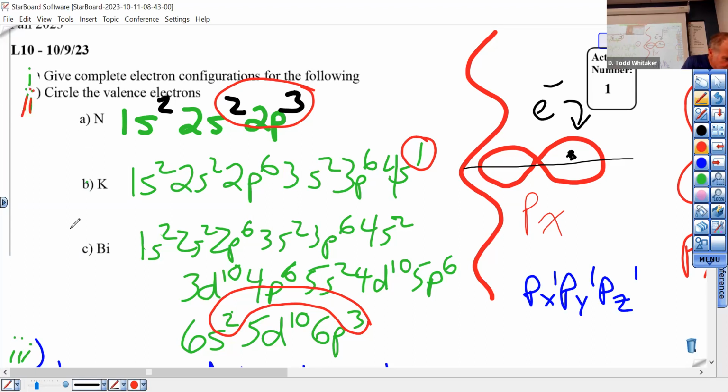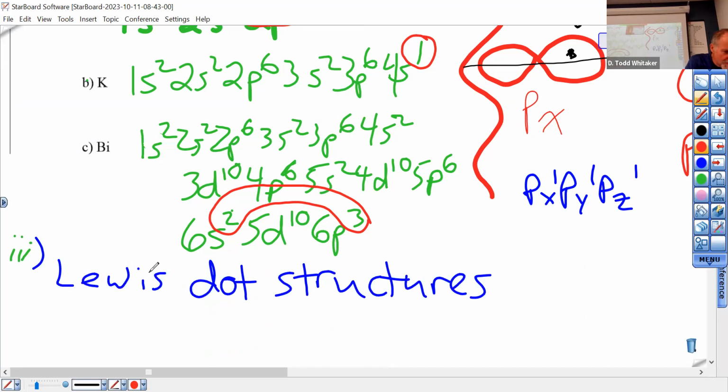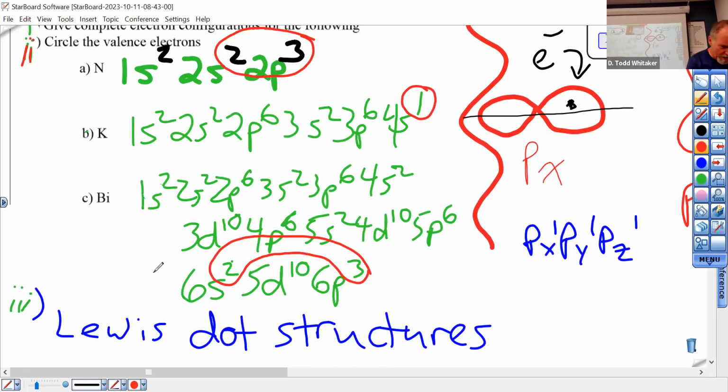There we go. And I'm just going to do Lewis dot structures based on what I'm looking at the top of the screen. And you tell me, somebody take a stab why I'm doing this. Or I'm just going to do 2.